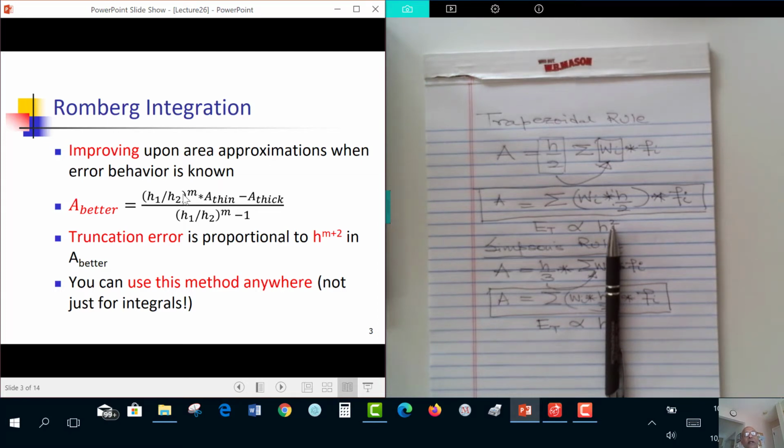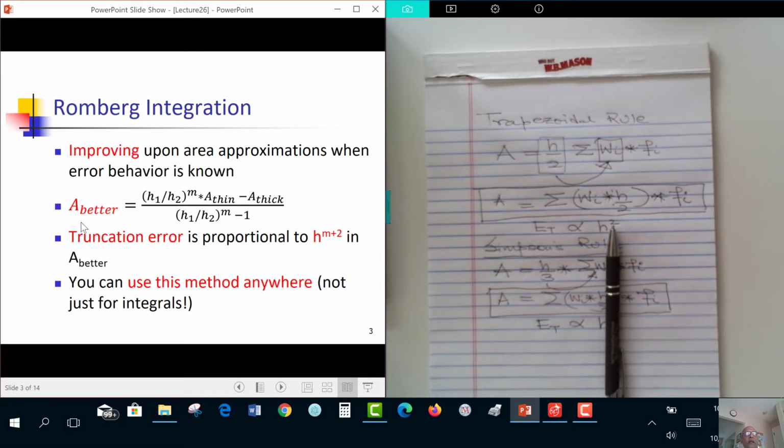Knowing this error behavior, we can do a weighted average of these two area estimates, using thin strips, which are with h2 spacing, and thick strips, which are with h1 spacing. And remember, when we did examples, just for convenience, we chose this ratio to be 2.